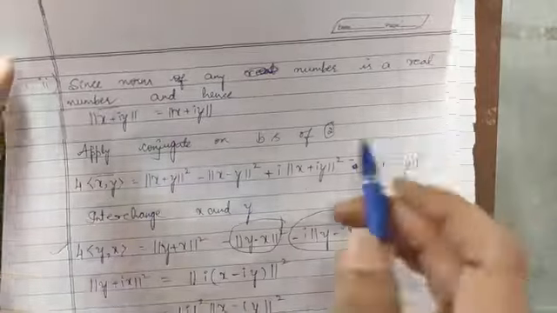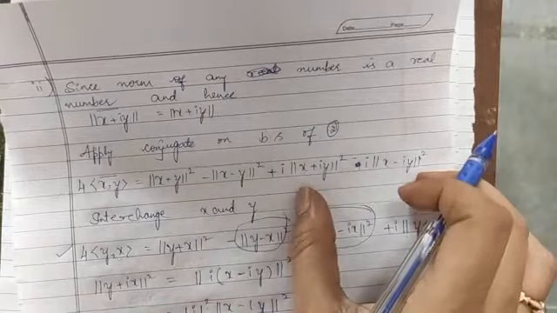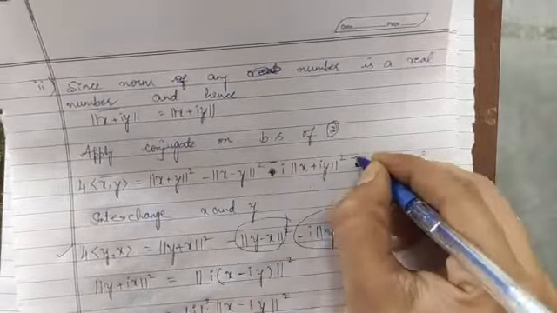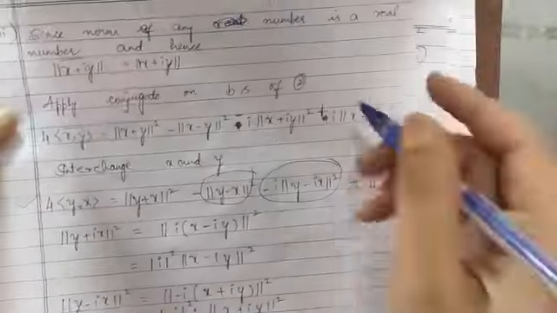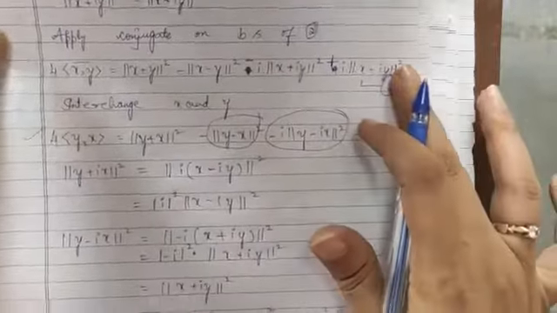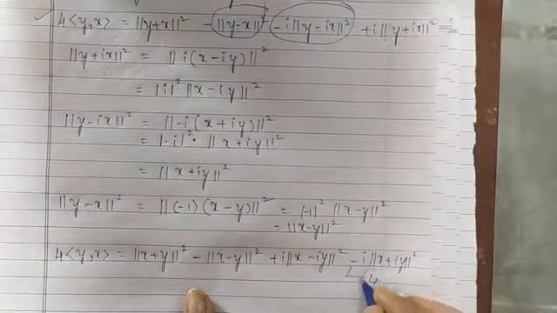If you take conjugate on both sides of your equation 2, your imaginary terms' sign gets changed. This is minus, this is plus. So now compare, I will call this as equation number 3. Compare your equation number 3 with this equation, I will call this as equation number 4.